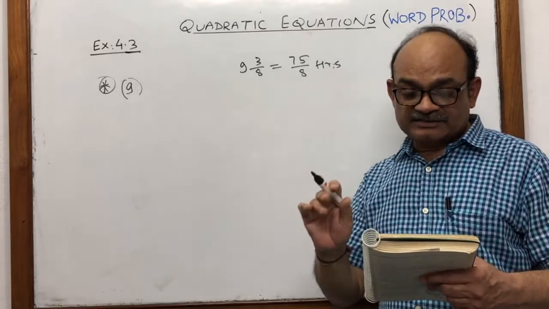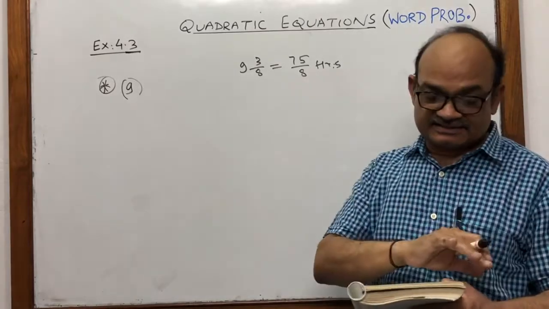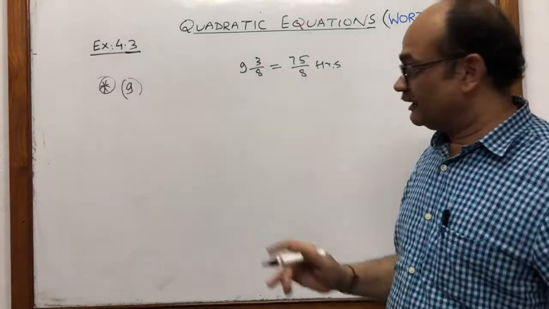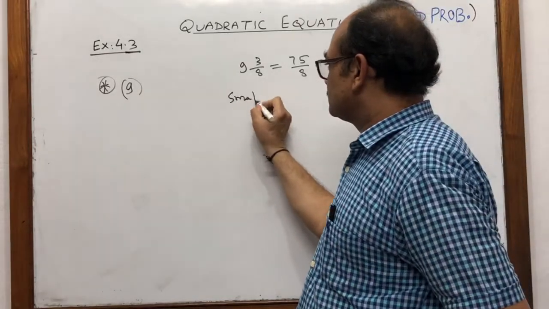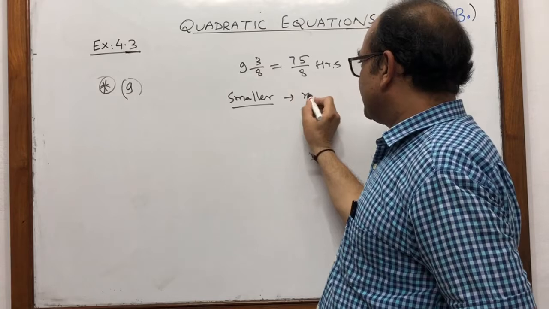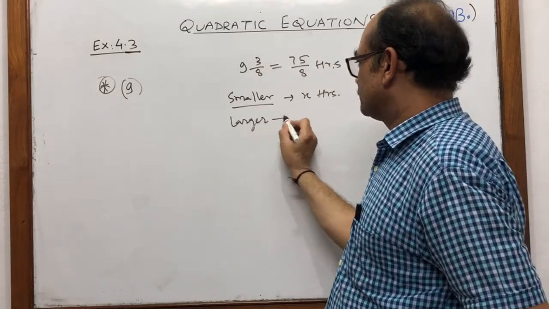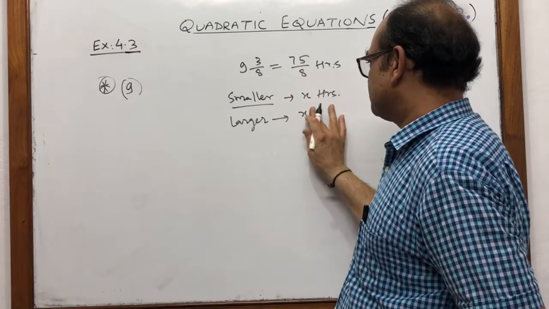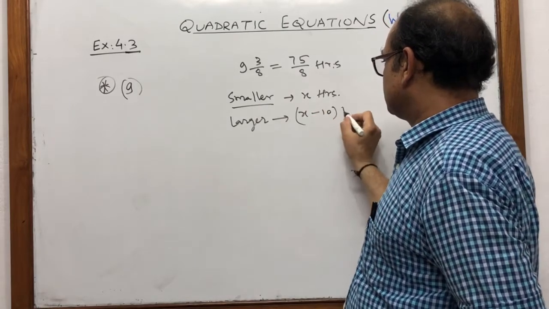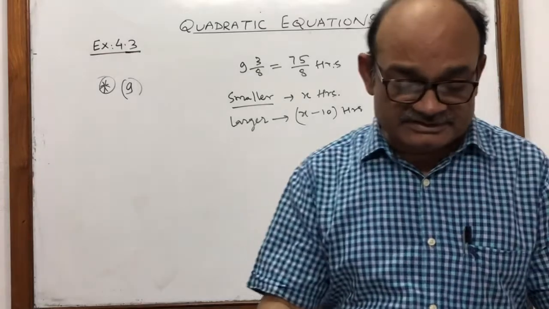The tap of larger diameter takes 10 hours less than the smaller one. Let the smaller one complete it in x hours. So the larger one will complete it in x minus 10 hours. 10 hours less, very important.